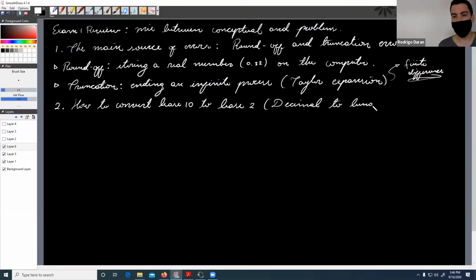And it could be one way or the other: how to go from decimal to binary, how to go from binary to decimal. If you're practicing this, please, for the love of God, don't ask, what is 8 in binary? That's extremely easy. If you're going to do an example, do something like 32.32 if you want. What is this in binary?